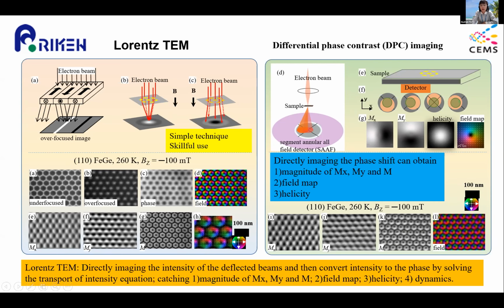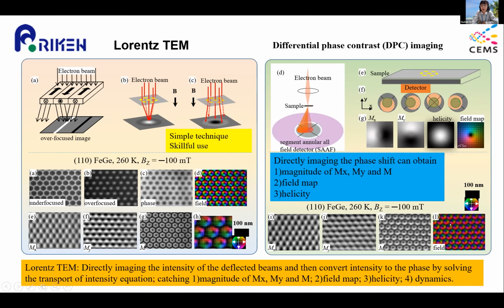Of course, once we get MX and MY, we can also obtain the field map and helicity of the topological spin texture.